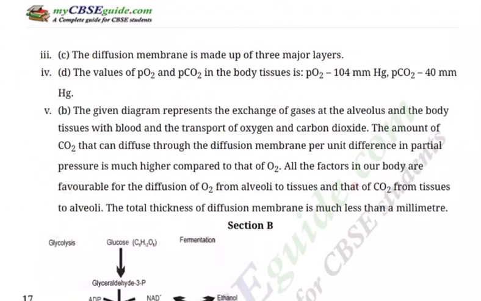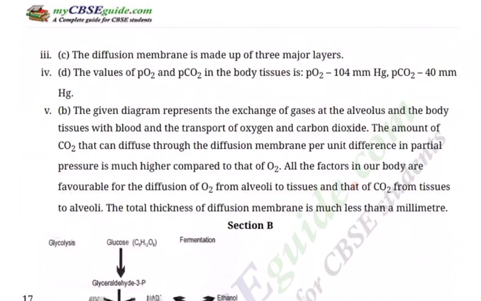The given diagram represents the exchange of gases at alveolus and the body tissues with the blood and transport of oxygen and carbon dioxide. The amount of CO2 that can diffuse through the diffusion membrane per unit difference in partial pressure is much higher compared to that of oxygen.